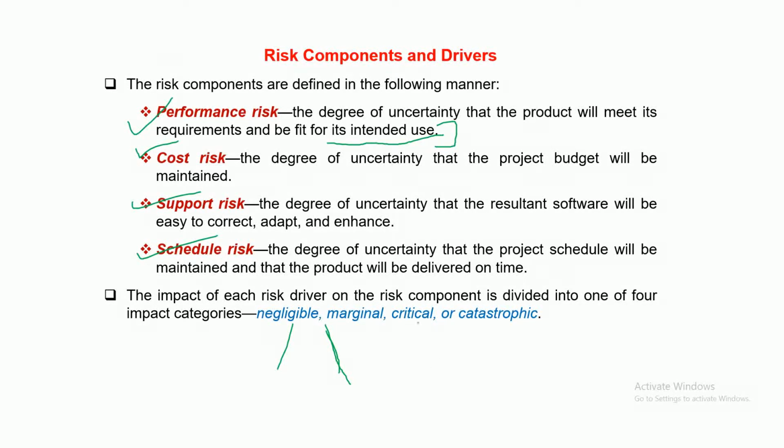But critical means you need to immediately focus on this. And catastrophic means stop everything and start working on this, because of this particular error, everything has stopped now. The system has stopped working. Catastrophic is also known as showstopper. The show has stopped because of this error.